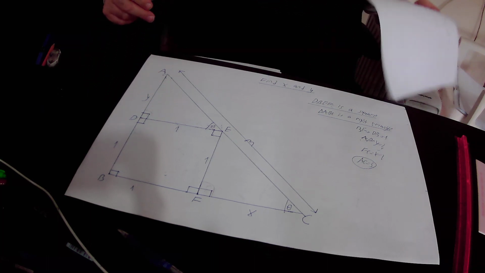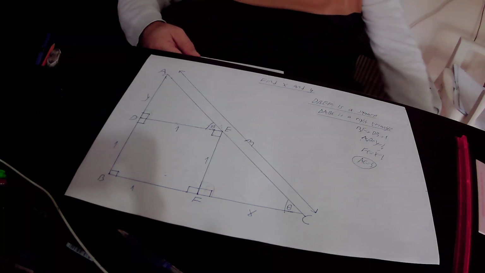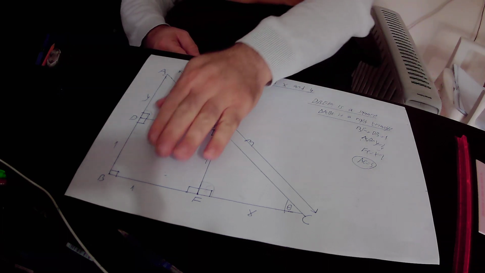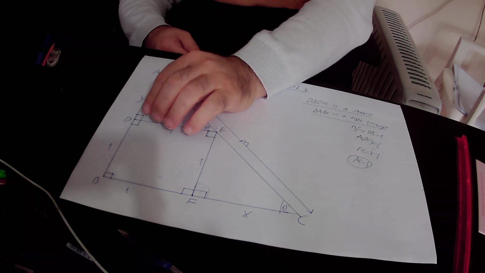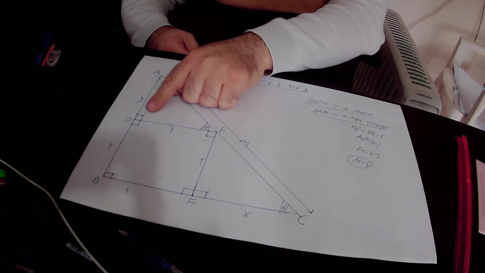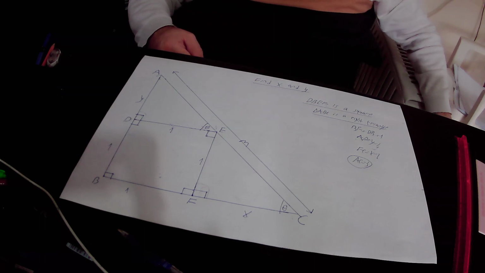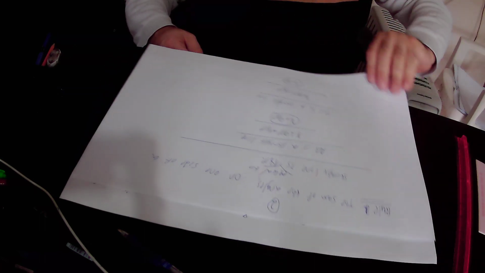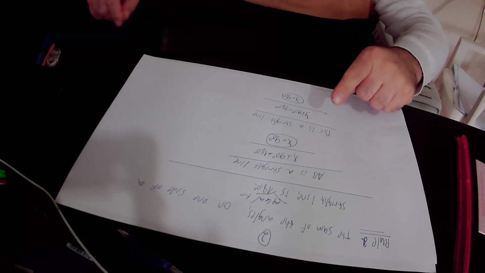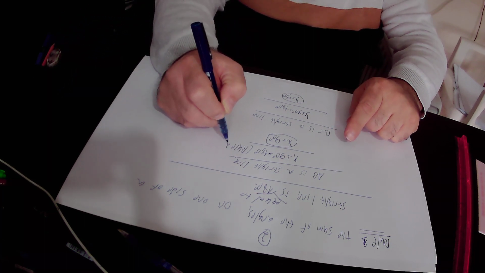If we focus on this side of the straight line AB, at point D, and we define angle ADE as x, then angle x plus 90 degrees must be equal to 180 degrees according to rule number 2.